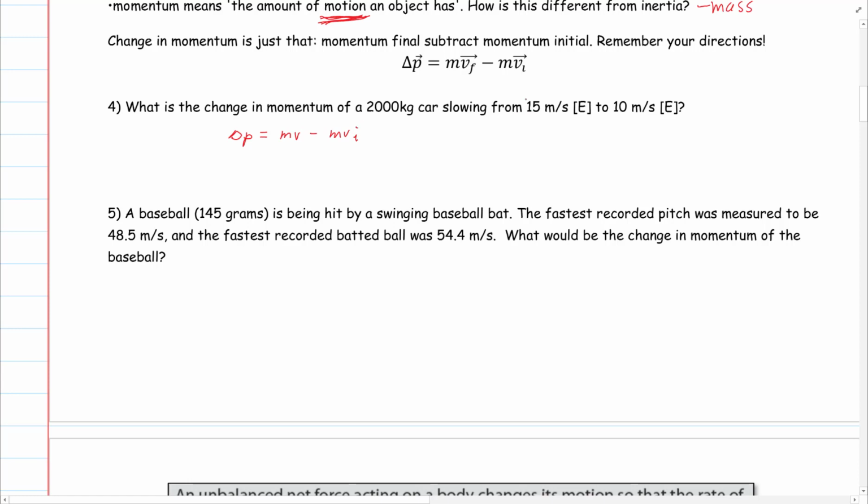We have to remember direction. Always remember our directions now. This is a vector. So 2,000 times final will be 10 meters per second east, minus 2,000, and it was going at 15 meters per second east. So this is 20,000 kilogram meters per second east, and this is 30,000 kilogram meters per second east.